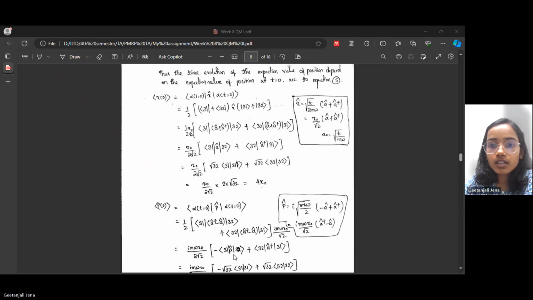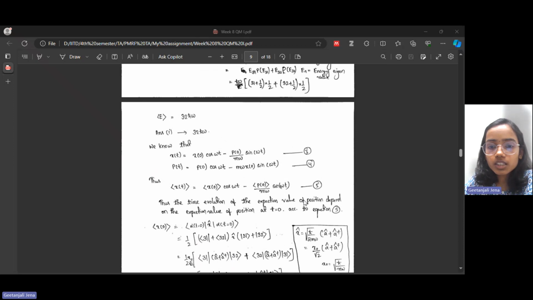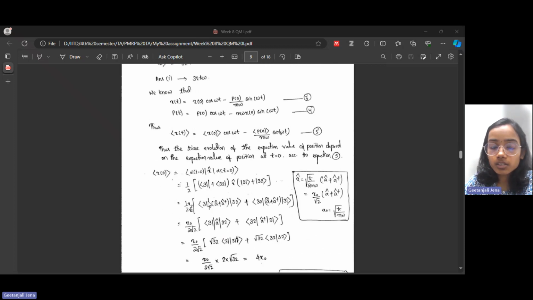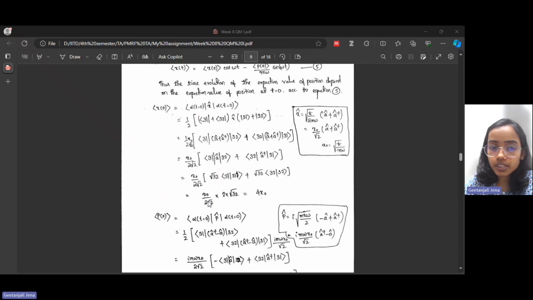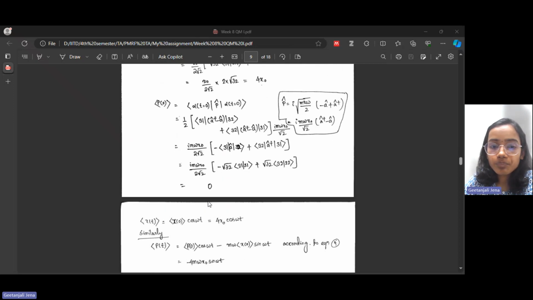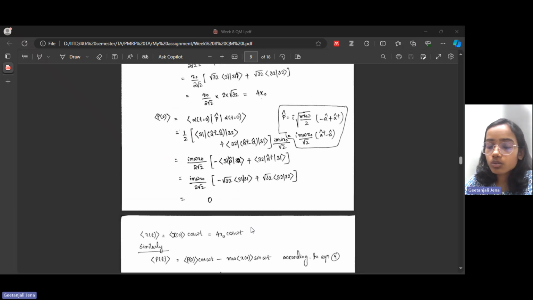Now if you see equation 5, the second term will be 0, only the first term will remain, and you already calculated the expectation of x0, which is 4x0. So the time evolution of the position operator will be 4x0 cos ωt. This is how you can calculate the time evolution of the expectation value of position.